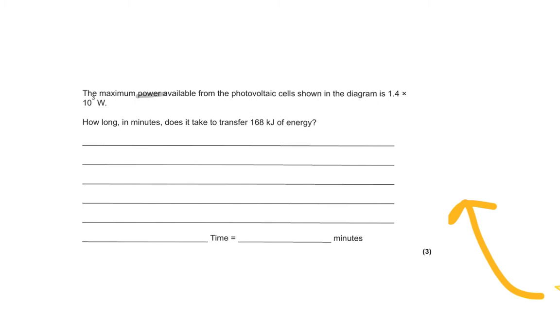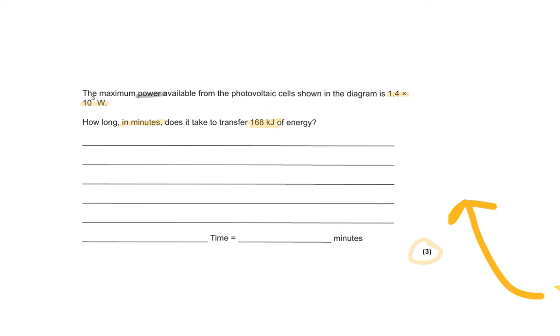The exam question did have a picture. Shown in the diagram is 1.4 times 10 to the power of 3 watts. How long in minutes does it take to transfer 168 kilojoules of energy? Now, this is a 3-mark question, which means we're not simply going to be putting numbers into an equation and getting an answer. There's going to be something else here, and there absolutely is.